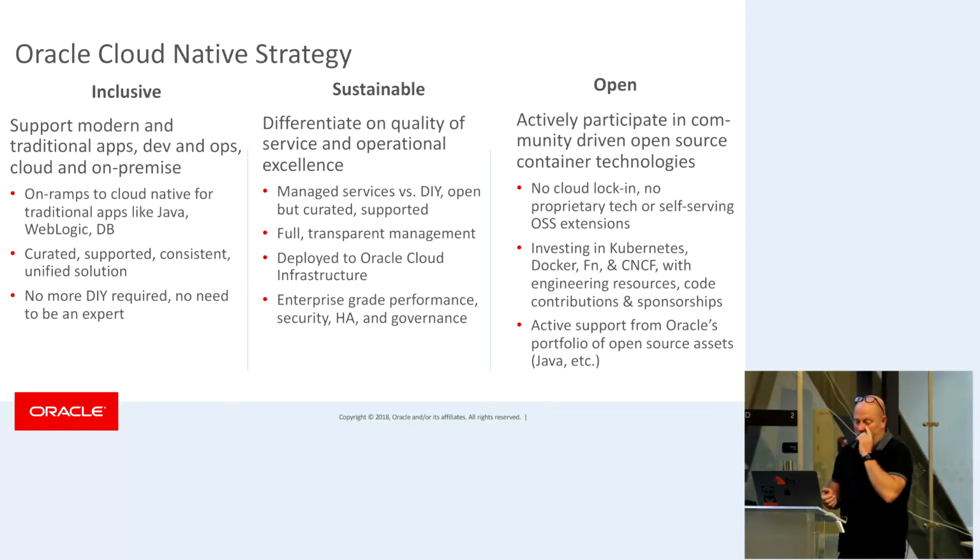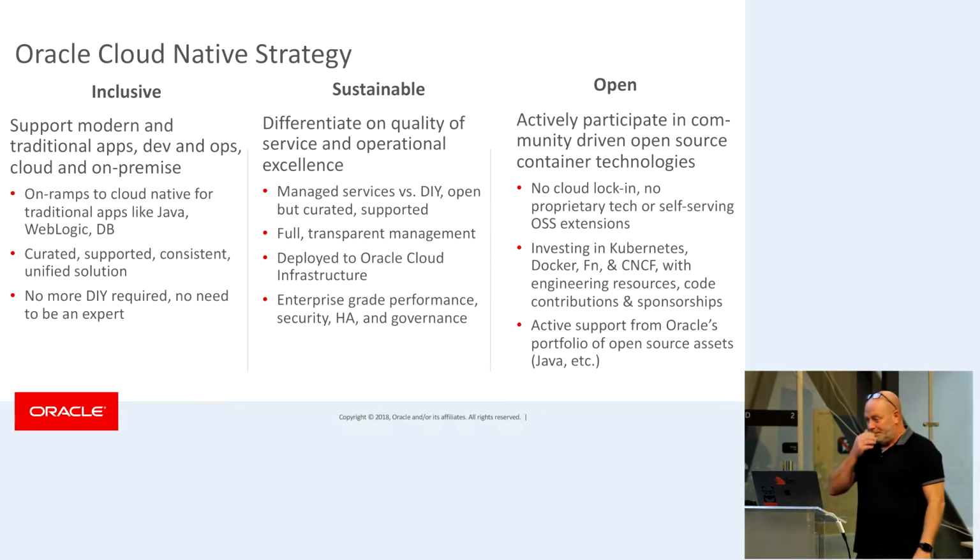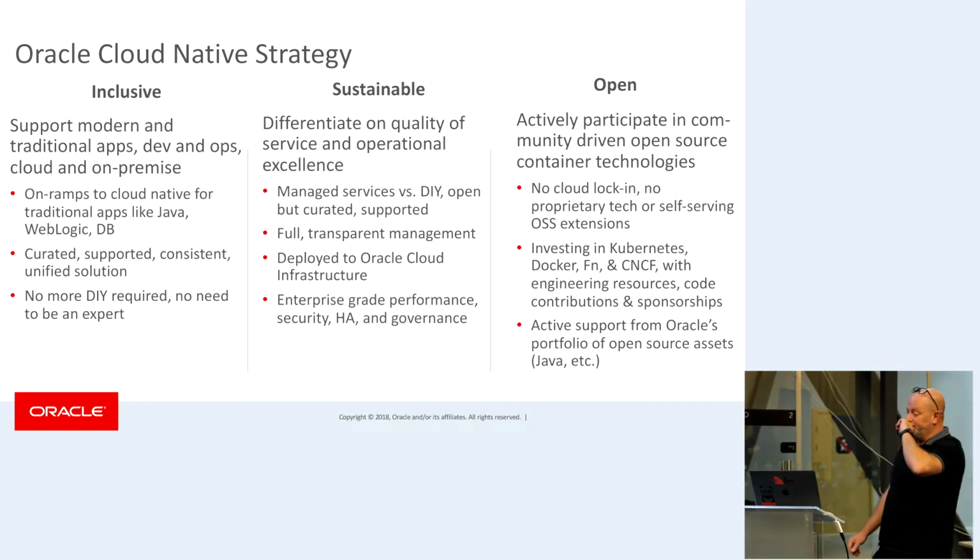So I've started with this slide because probably most of you didn't know that Oracle had a cloud native strategy, or even if Oracle had much of a cloud, to be honest. But the team that I work in, I'm part of the product management team for our container native offerings, specifically looking around our Kubernetes Engine and our registry and some other new ones that are coming on.